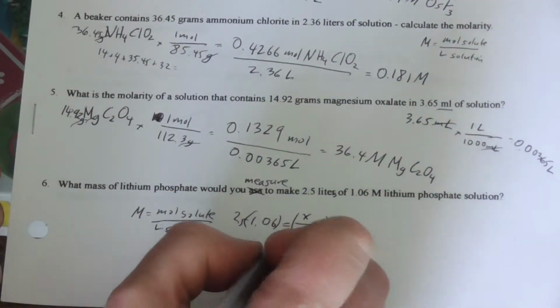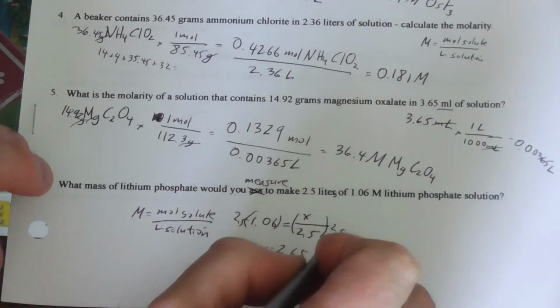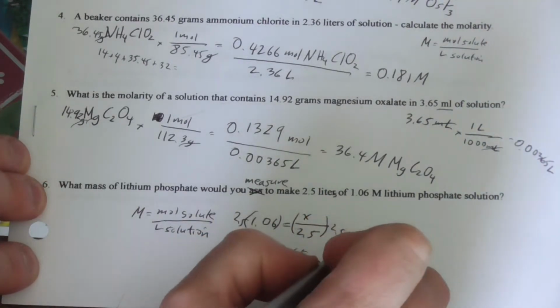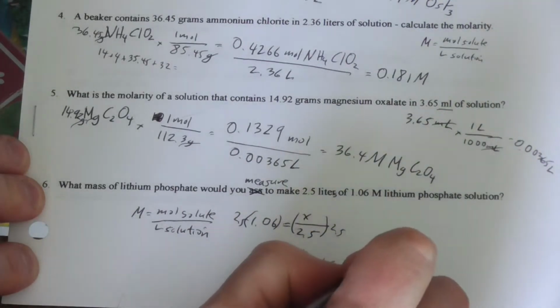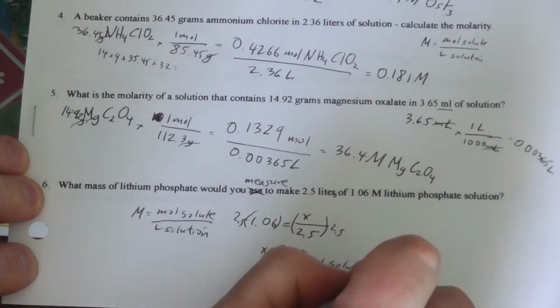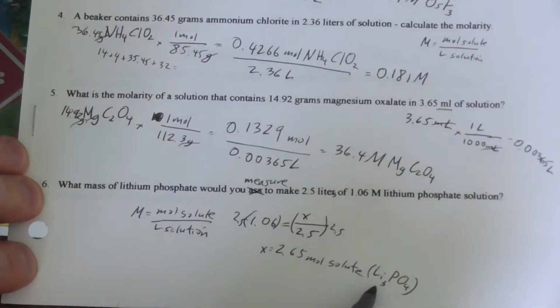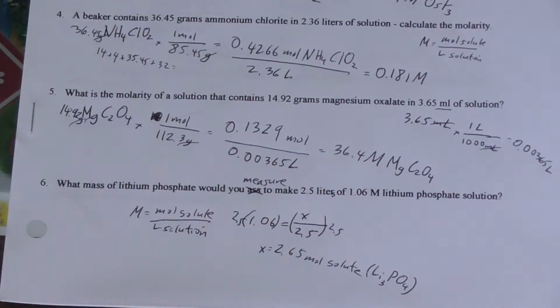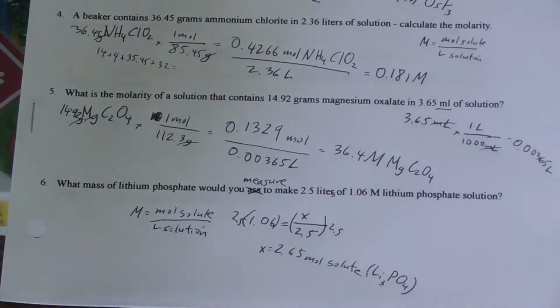0.4 moles of solute, which in this case is lithium phosphate, which has a chemical formula, if you remember, phosphate has a -3 charge, and lithium has a +1, so you need 3 +1s to balance out the -3.